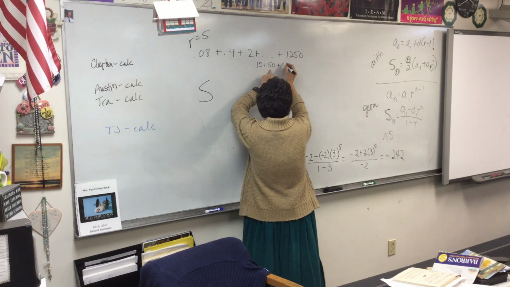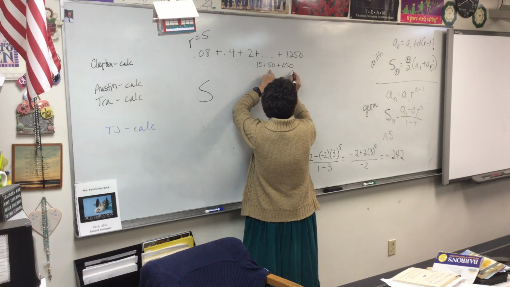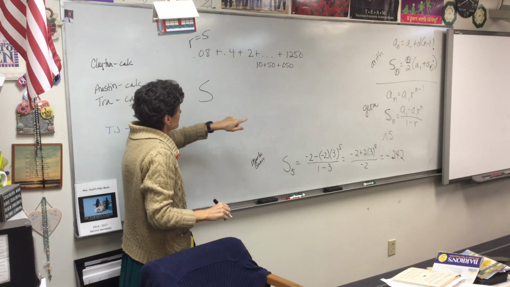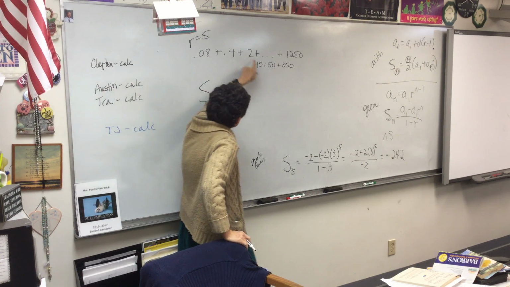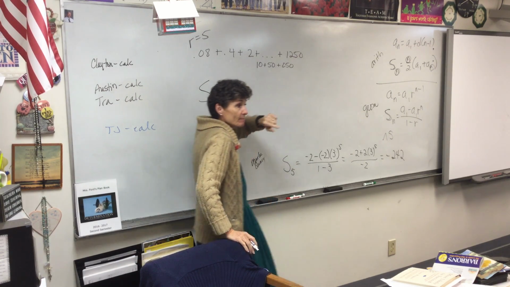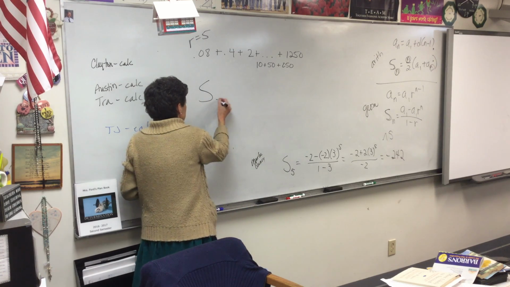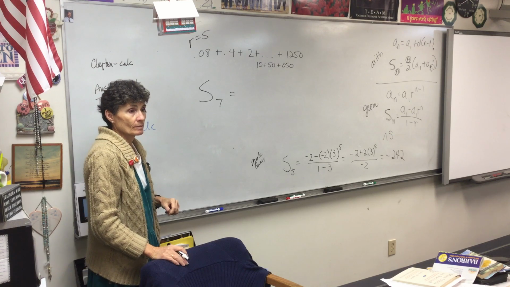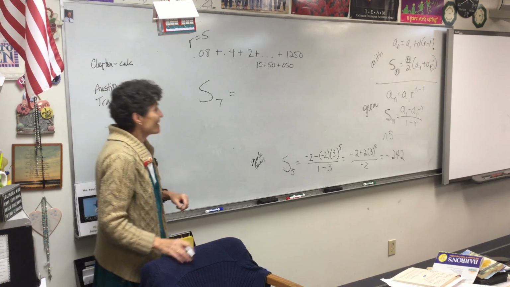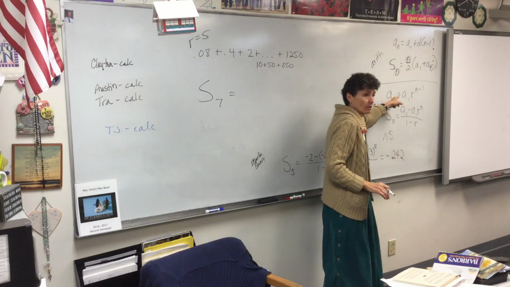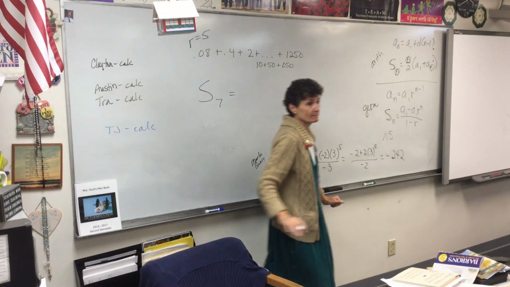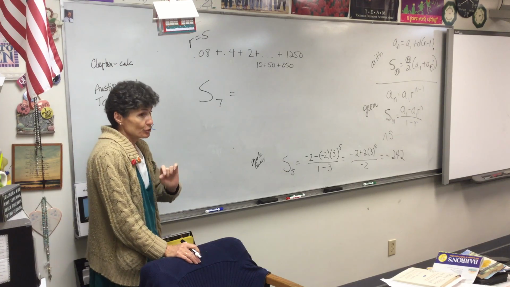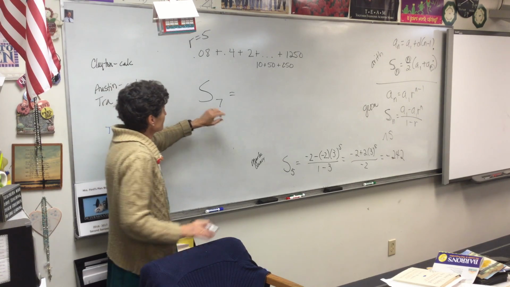And then 250, you're timesing by 5, and then that one. 1, 2, 3, 4, 5, 6, 7. So we're adding up 7 of them. That wasn't so bad. Then you would have to use this formula right here to figure out what n is. I don't have time right now to do that, but you could do that. All right, so sum of 7.